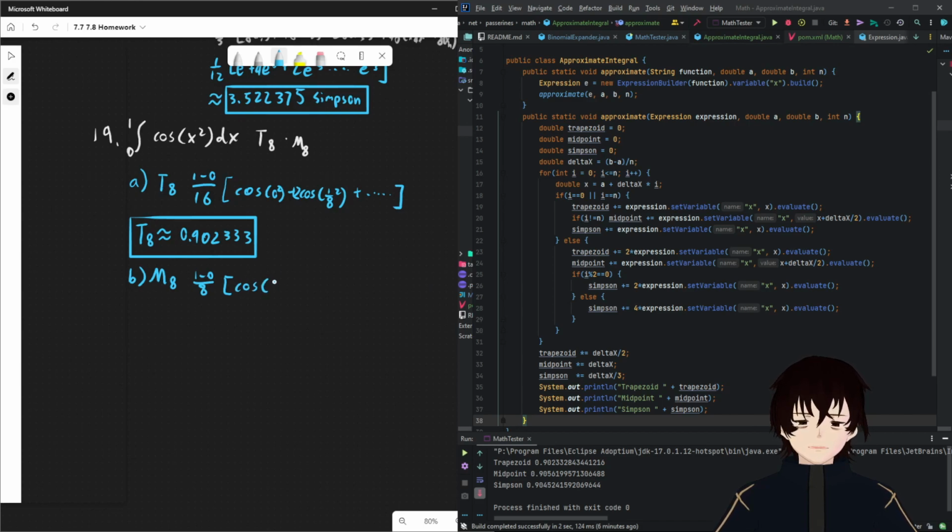Cosine of 1 over 16 squared plus cosine of, what was I doing? 3 over 16 squared plus so on. And M of 8 is approximately 0.95, no, 0.905620.